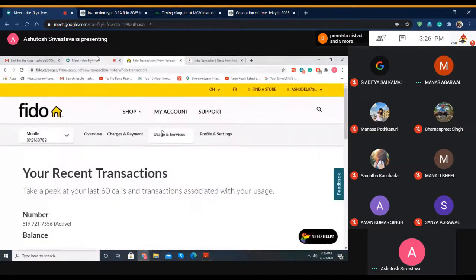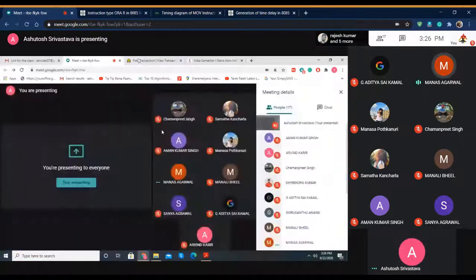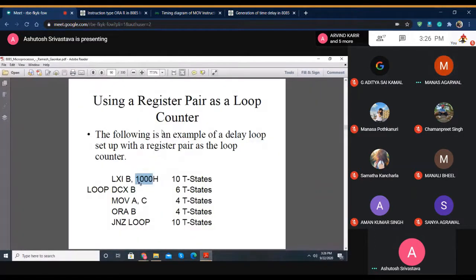The number of T states is coming out to be 1570831, 15,70,831 T states. This is when you're taking FFAB, right? Okay. So how much delay is being introduced? 5.183 seconds.